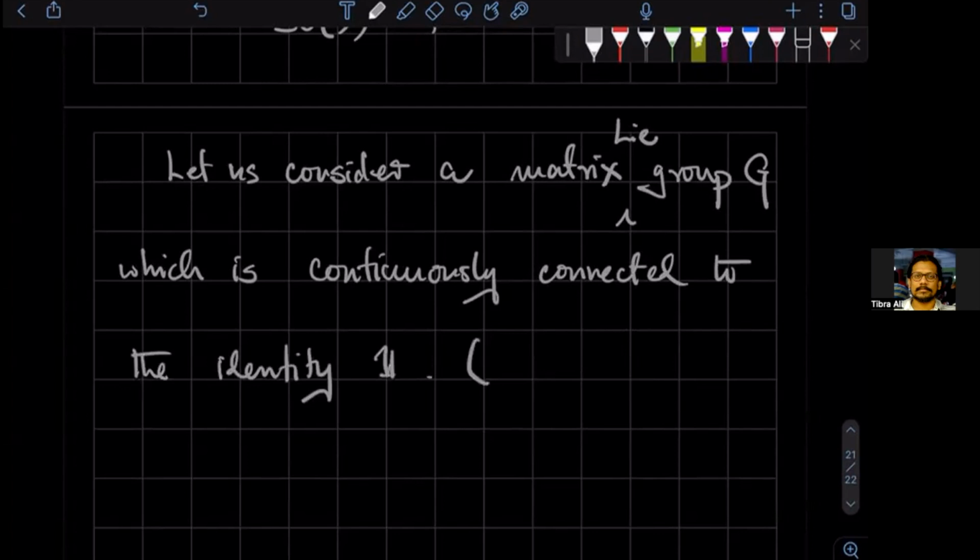So for example, SO(3), rather than O(3).